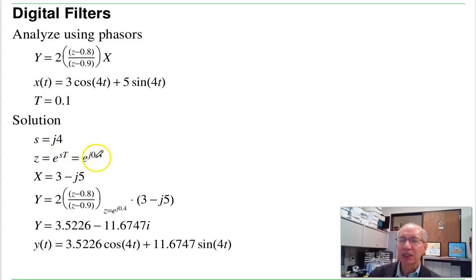So there's z. The input is 3 minus j5. In phasors, real part's cosine, minus j is sine. Here's the gain everywhere. All I care about is what's the gain at that frequency, times the input at that frequency gives a complex number. What that means is real part's cosine, minus j is sine.